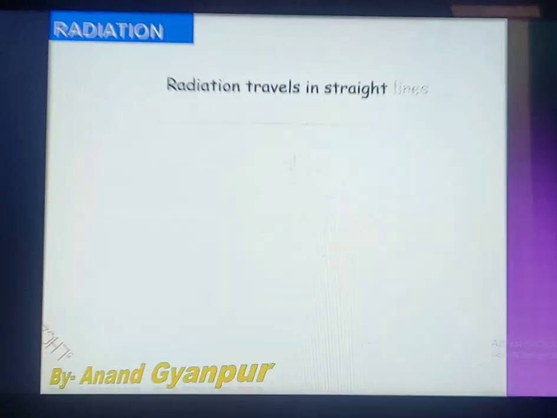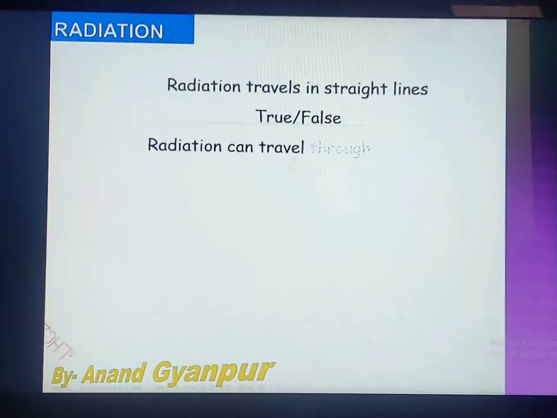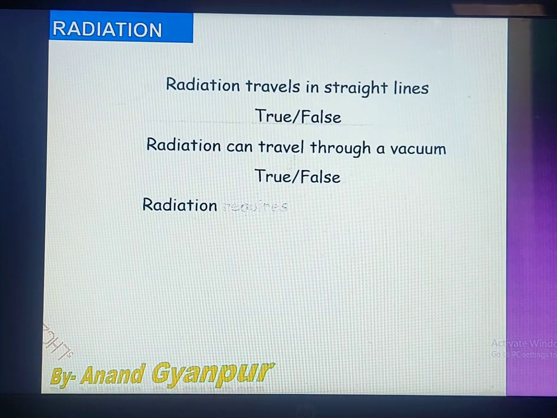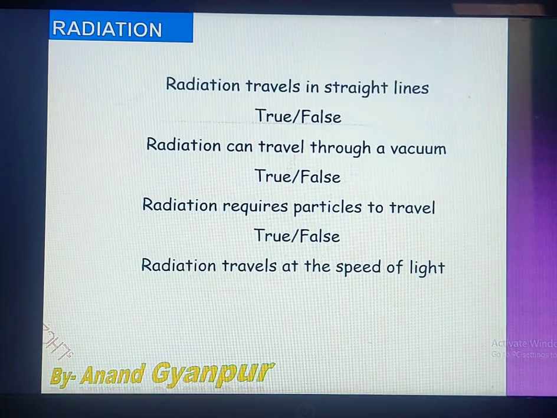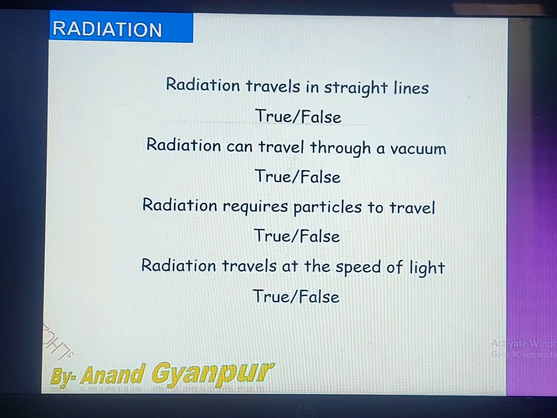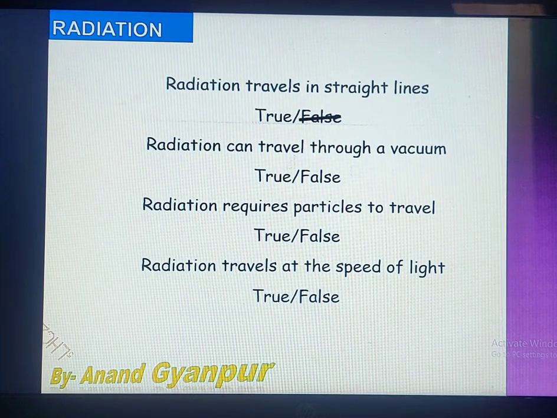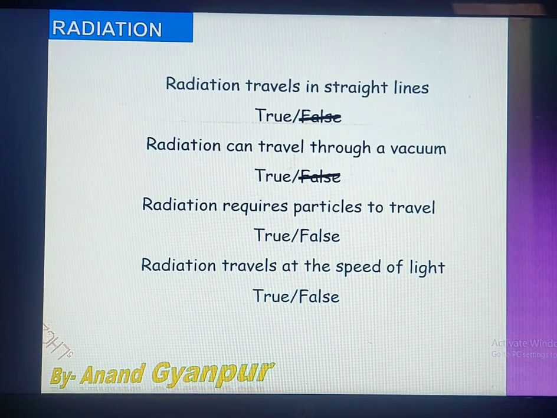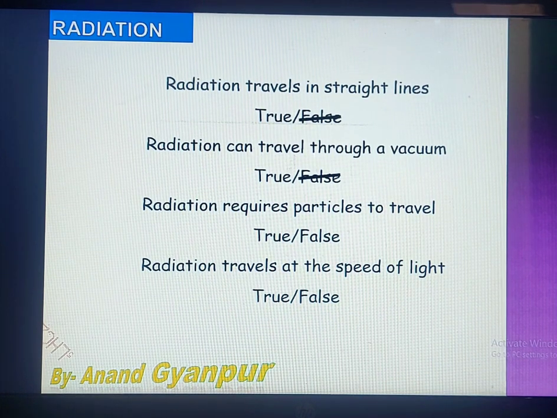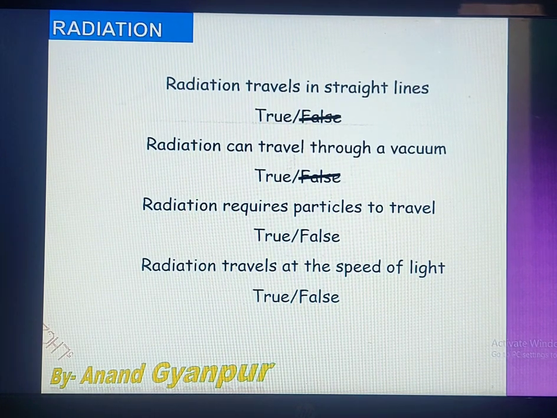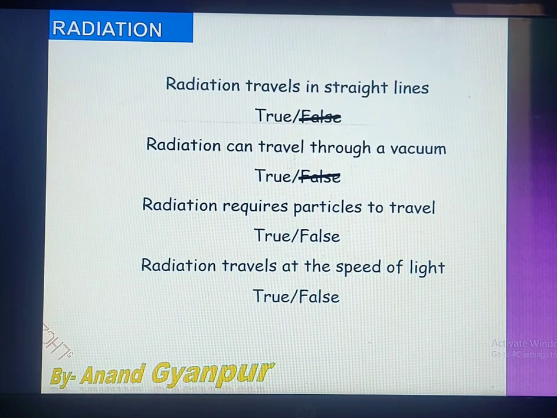Now let's understand radiation. What is the radiation phenomenon? Radiation travels in a straight line. Second, radiation can travel through a vacuum. Yes, radiation can travel through a vacuum, because sunlight comes through the vacuum to the earth.